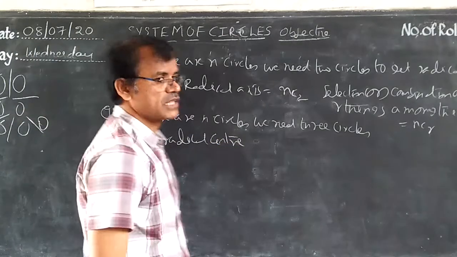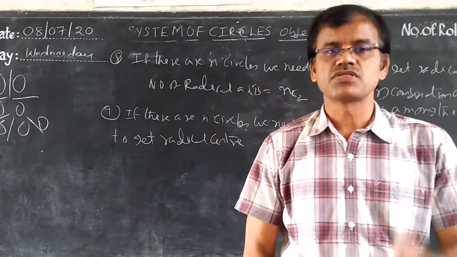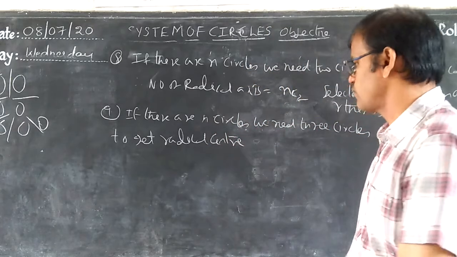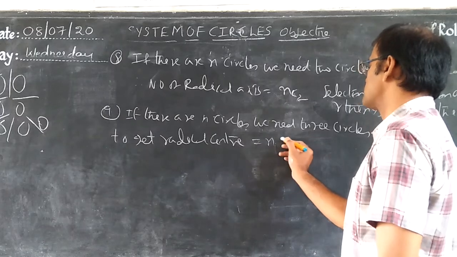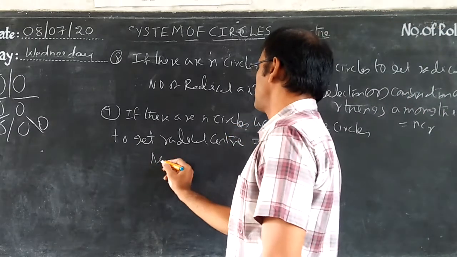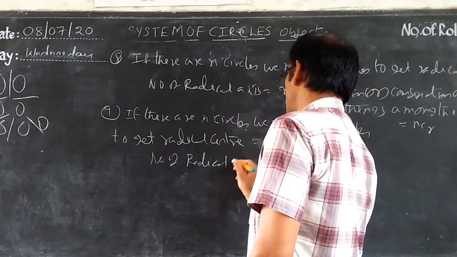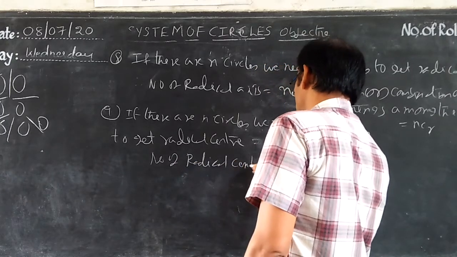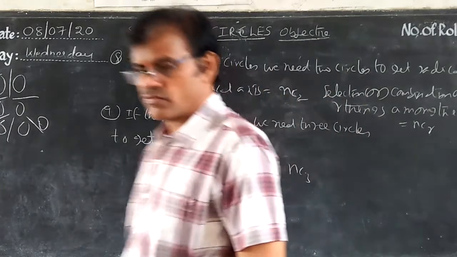Because, as per the definition, the radical center is the point of concurrence of the three radical axes of three circles. According to the combination formula, that is nC3. So the number of radical centers is nC3.